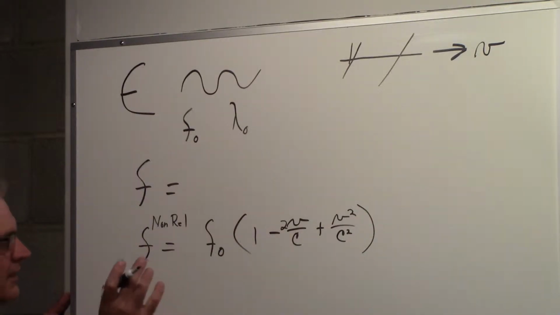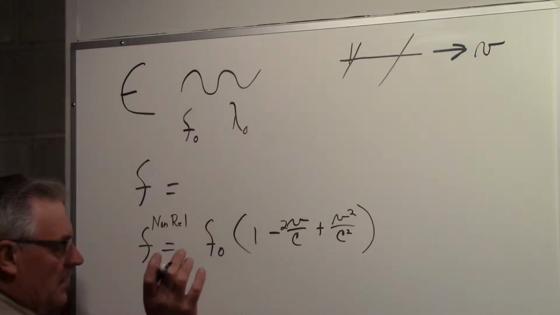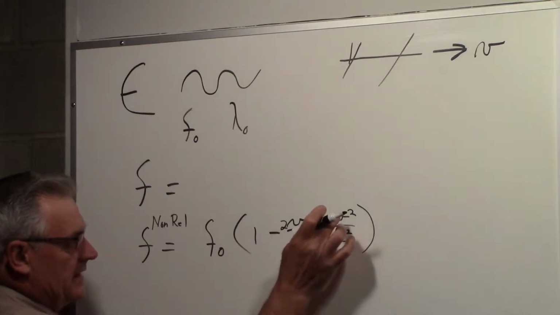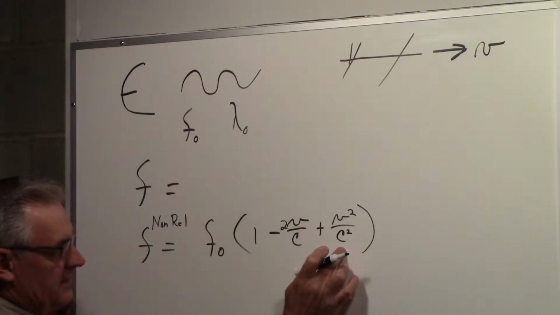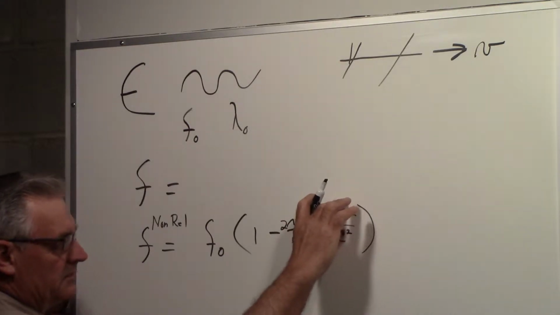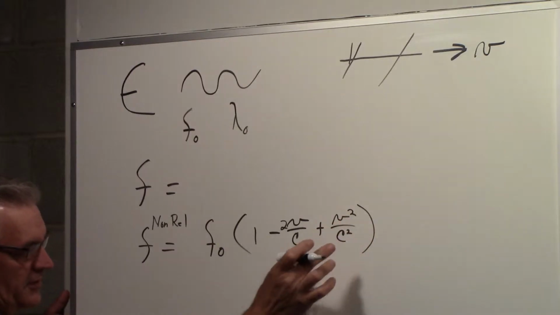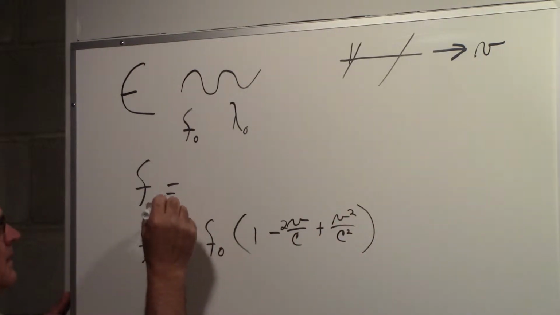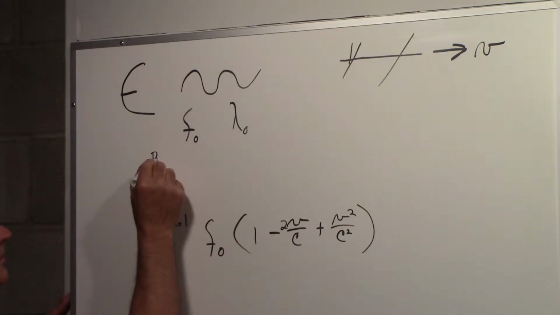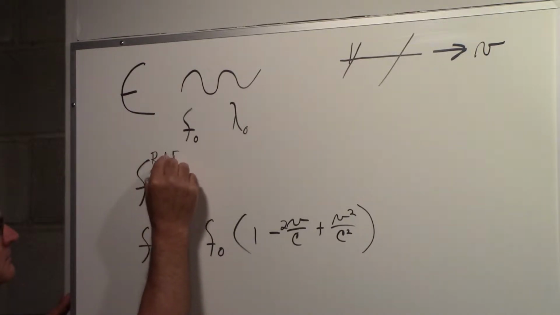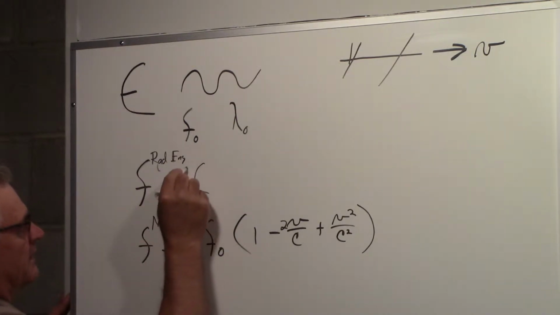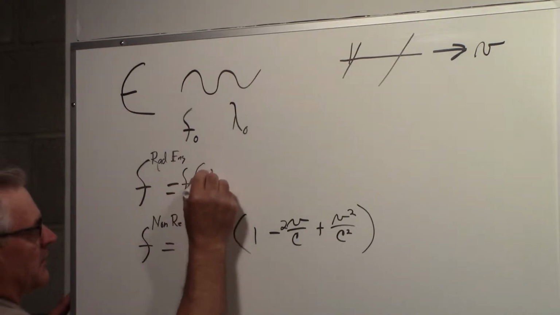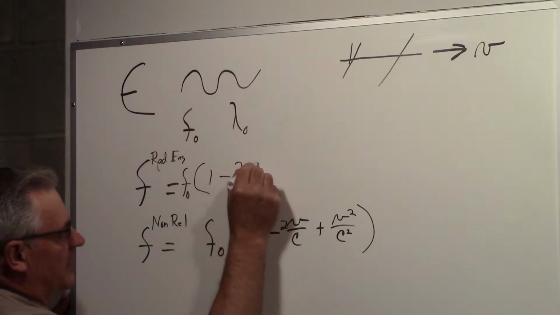And in actual radars, the velocity is so small compared to the speed of light c that this term, from the point of view of the radar engineers, is not needed. So radar engineers like to think of it as f0 times 1 minus 2v over c.